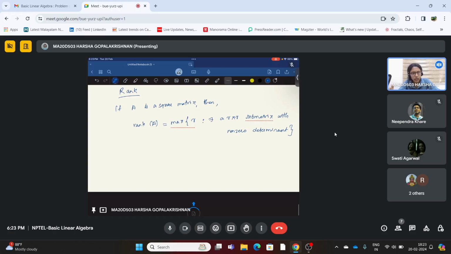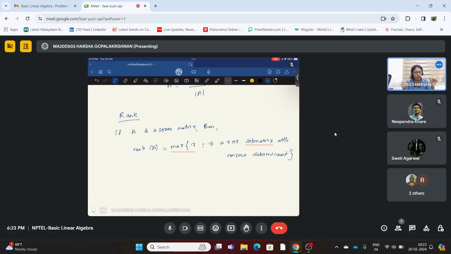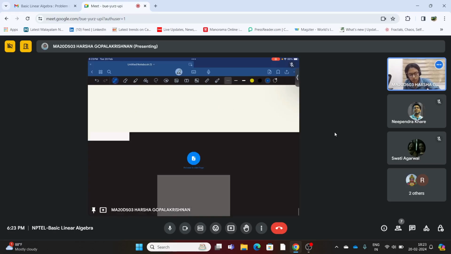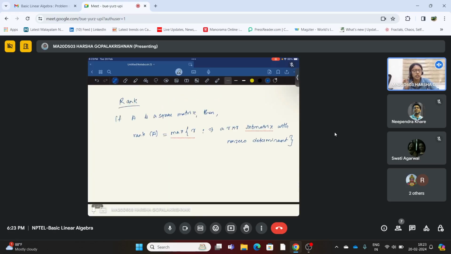So if we have a matrix, and it is a square matrix, we will find the determinant of that. If it is non-zero, then rank is the order of the square matrix. If it is 0, then we will look at the n minus 1 by n minus 1 sub-square matrices and find the rank. Why am I saying it is true for non-square matrices also?